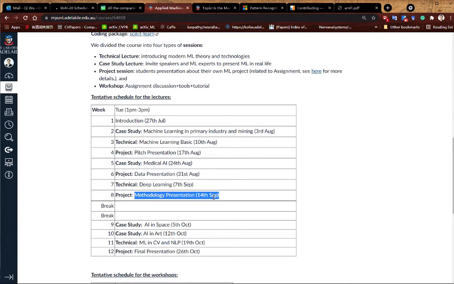We also have the methodology presentation, around September, which is the third project session. In this project session, you have to do another presentation about what kind of algorithm you want to use to solve this problem. You find the problem, that's good. You find the data source, okay. Then the next step is to find out what kind of machine learning algorithm.